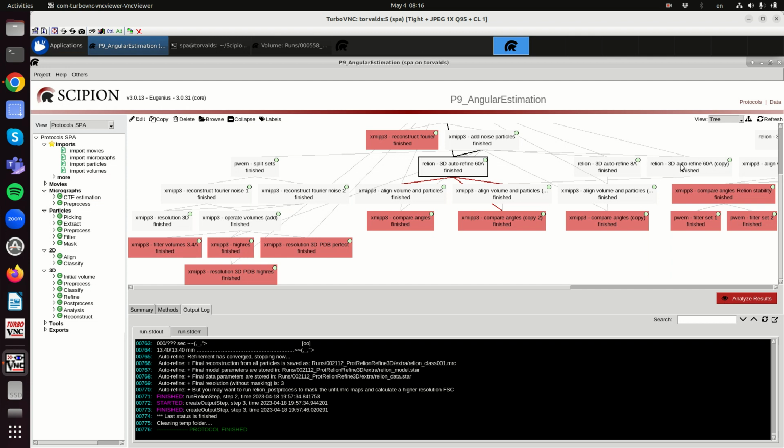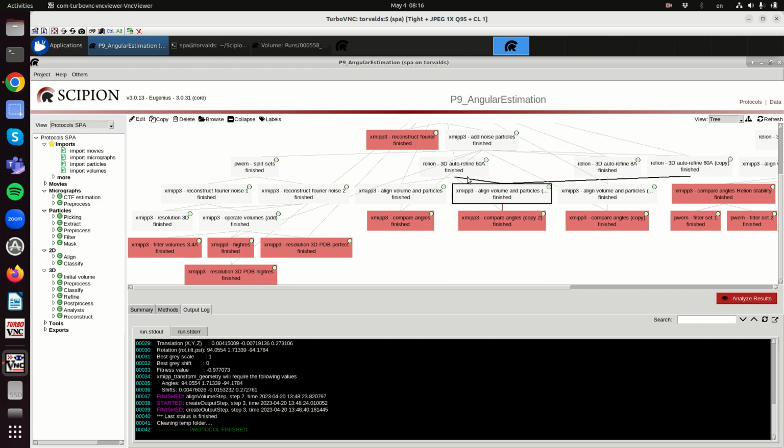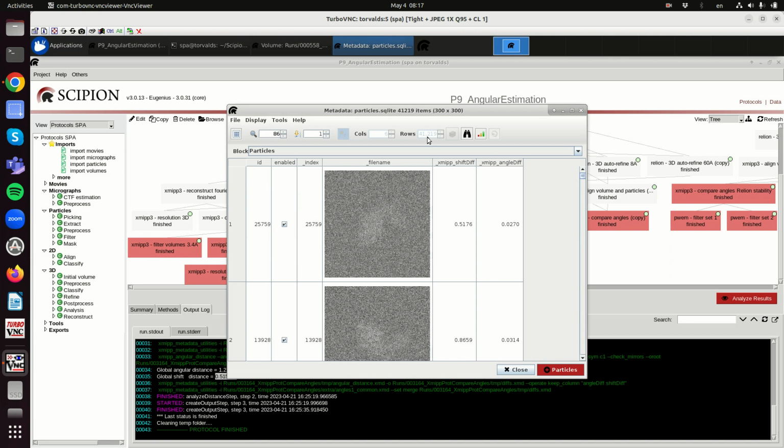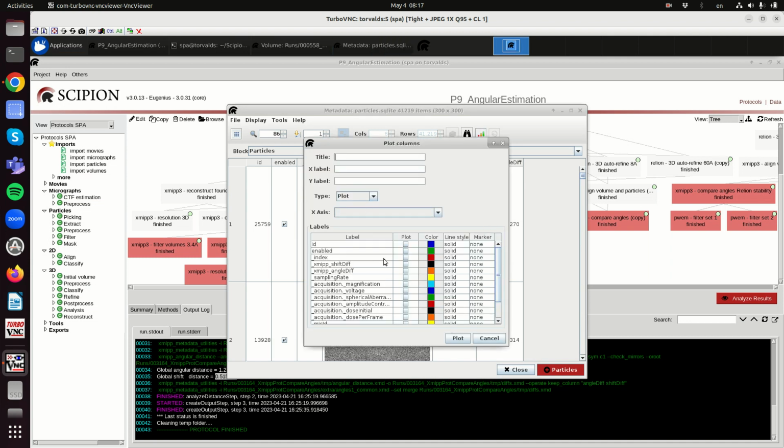But okay, so now we can compare these two, one and its repetition, and we align these two sets, and we see that we have the same kind of errors as we had before. So we can also, for instance, make the same kind of plots that we did before.